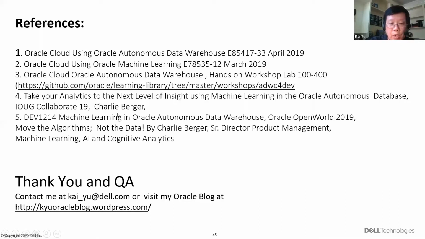I want to mention Charlie Berger, the senior director for this product. He has a lot of blogs you can read. Moving the algorithm, not the data, is pretty much the motto of this whole Oracle machine learning feature.